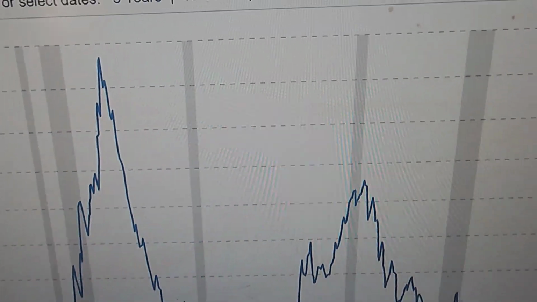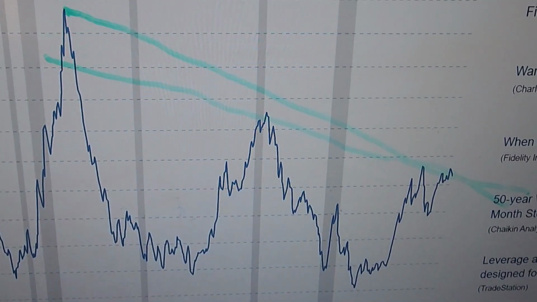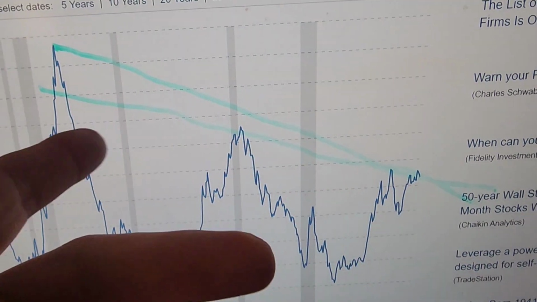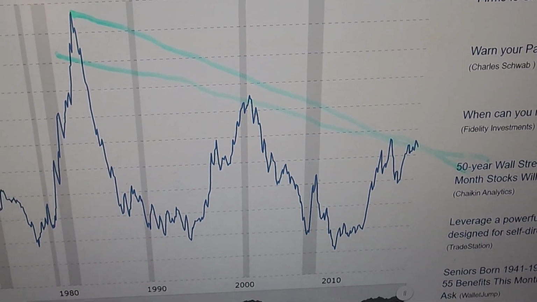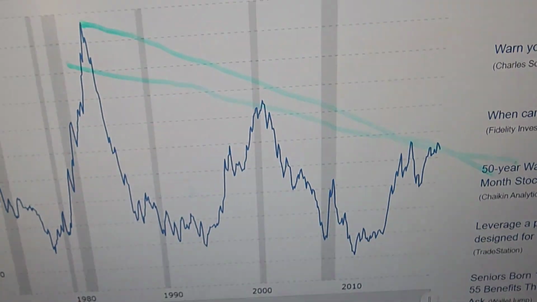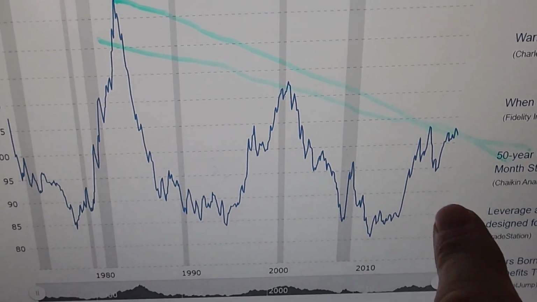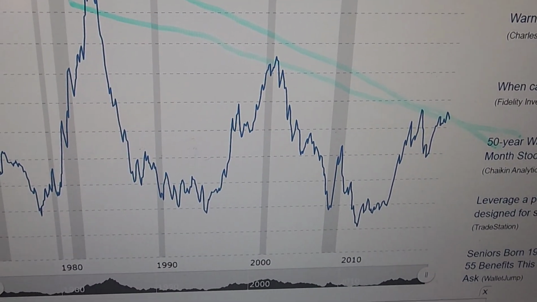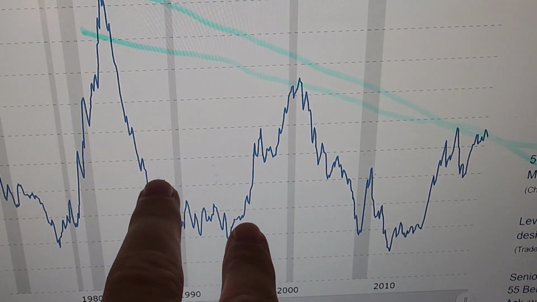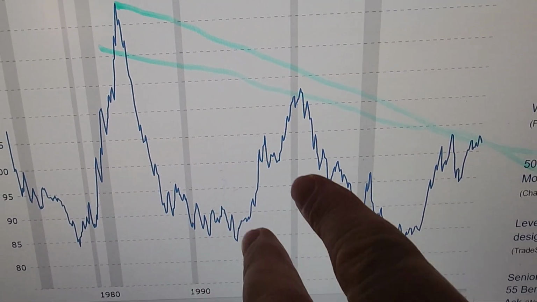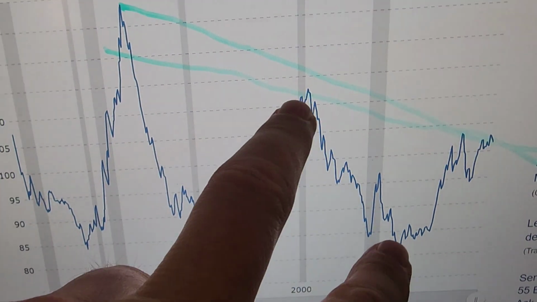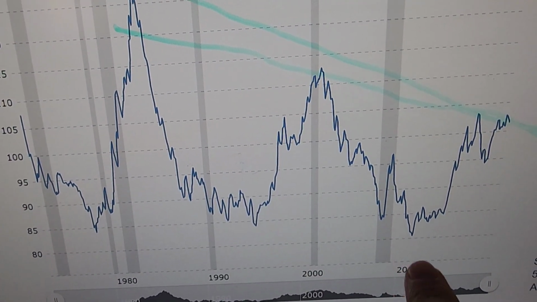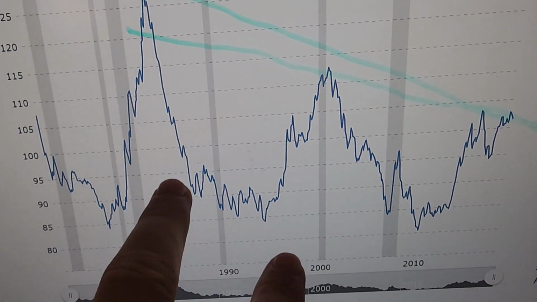Now, if you were to average this all out and you start to map long-term trajectories of the dollar, are we already there? Are we already peaked out? It looks like we're in a long-term downtrend, even though we're actually appreciating over other currencies. And you can tell there's usually about a 10-year period where it goes down and a 10-year period where it goes up. 2000, 2010, 10 years.